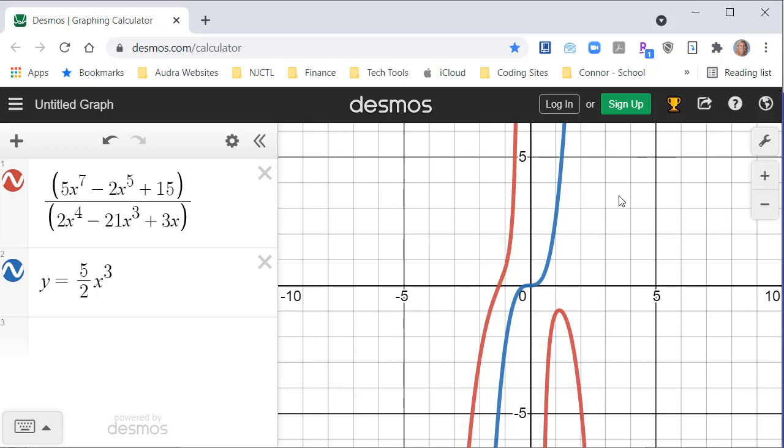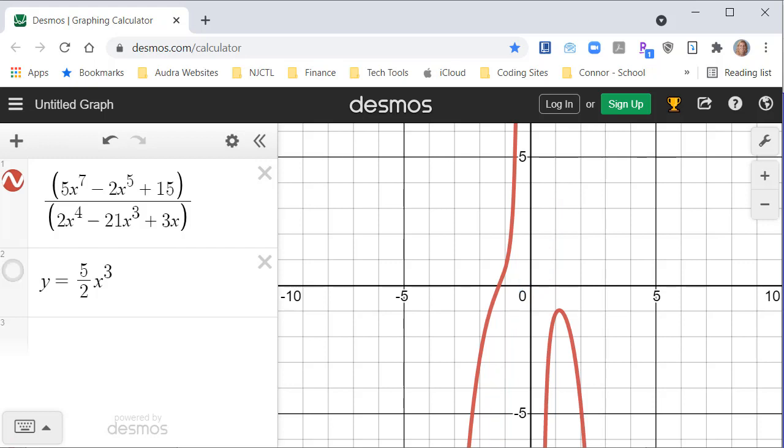Well, I can definitely see how, as x approaches negative infinity, our function values for the red function, or our original rational function, approach negative infinity. But within this viewing window, it appears that as x approaches positive infinity, the function would approach negative infinity, which is not what this resembles.